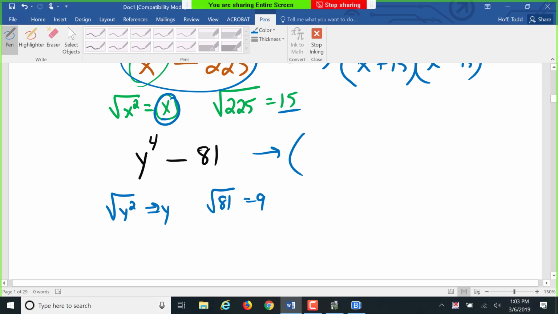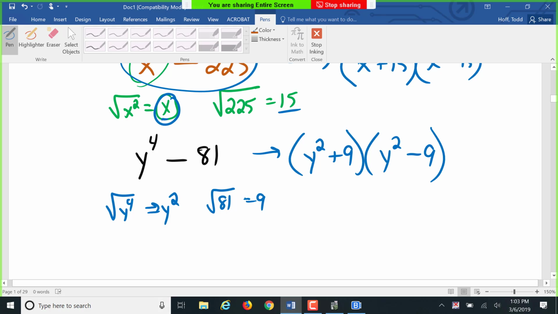Oops, I did the square root of y squared. That should be actually the square root of y to the fourth is going to be what? y squared. So my two products should be perfect. Y squared plus 9 and y squared minus 9.